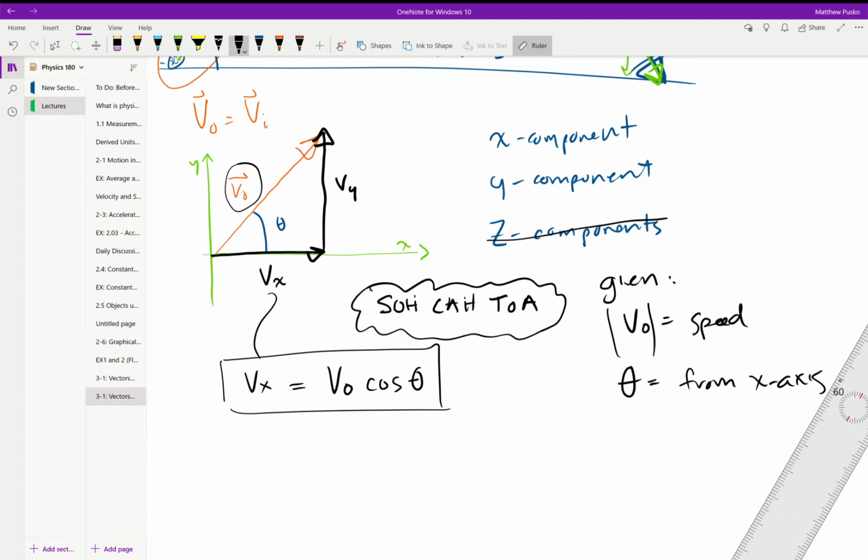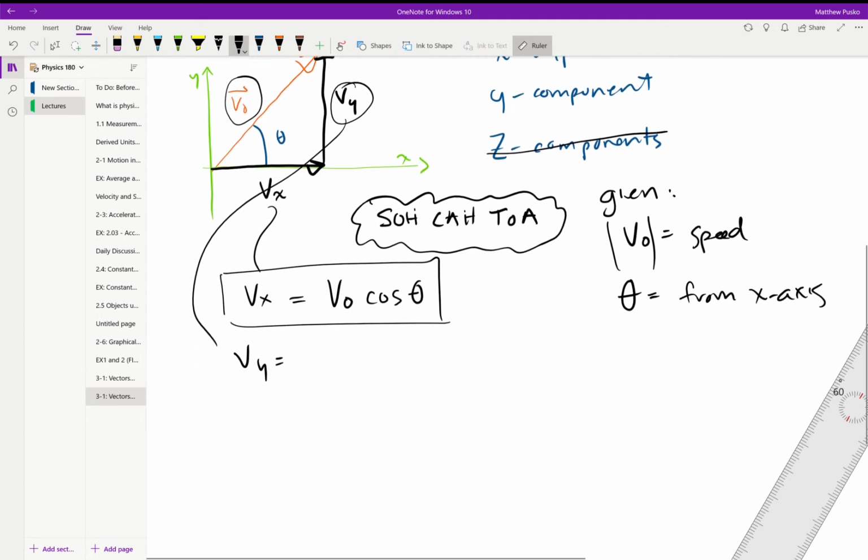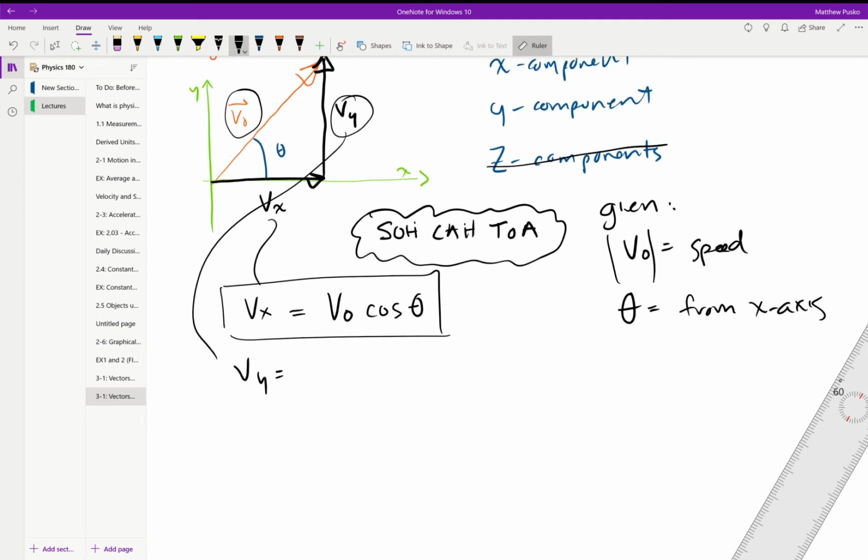SOHCAHTOA will do that for you. Just don't be afraid to go back to your roots. What about this y component right here? If I want to find the y component, it's going to be equal to the magnitude that it is kicked at, in this case a ball that got kicked, times the sine of the angle from the x-axis.